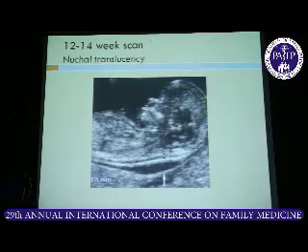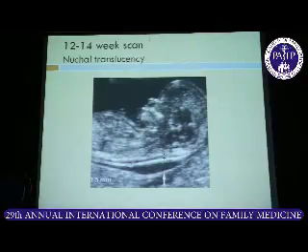And look here, this is a normal nuchal translucency at 12 to 14 weeks. Avoid this, this is the amnion, fluid in the amnion. The actual translucency is this one. Between the two echogenic lines is the amnion.